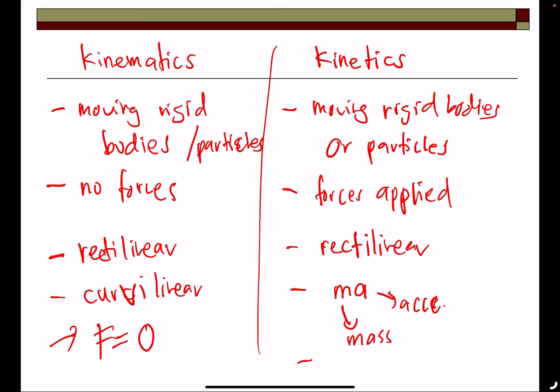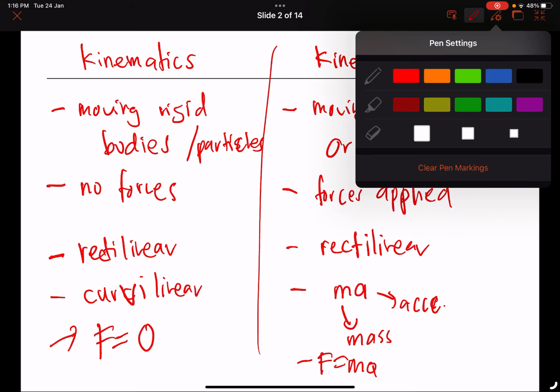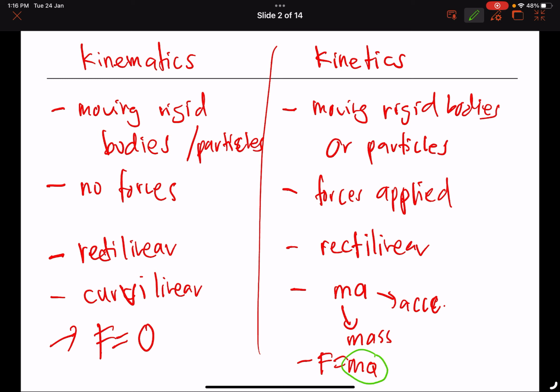In kinetics, F equals MA, so we will consider the MA, where the acceleration is there and the mass is also there. We consider M and A. Right, these are the differences between kinematics and kinetics.